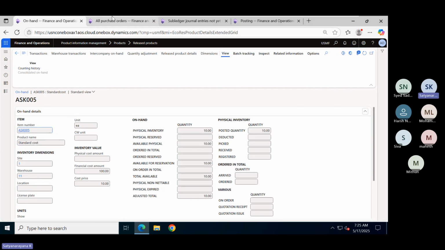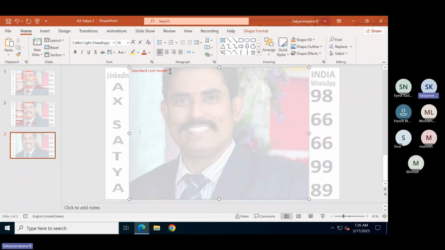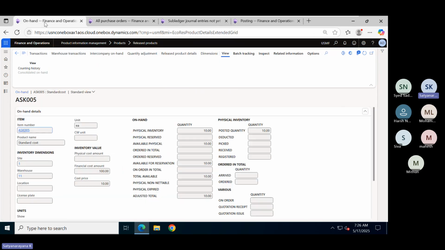So what does that mean? I need to explain you a lot about standard cost method, how it will be calculated. It is a big subject. We'll discuss tomorrow. So we have purchased at the rate of $12. In the purchase order, we have updated $12. But in the on-hand inventory is updated $10 only.